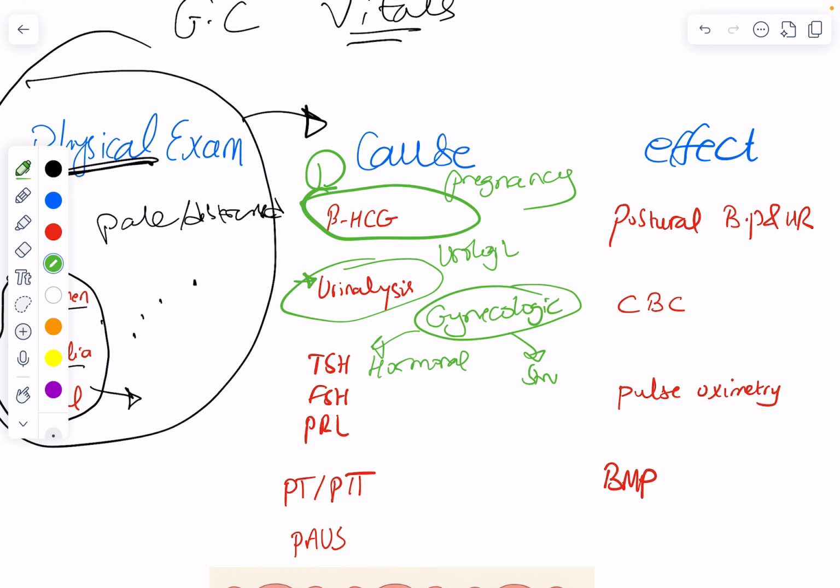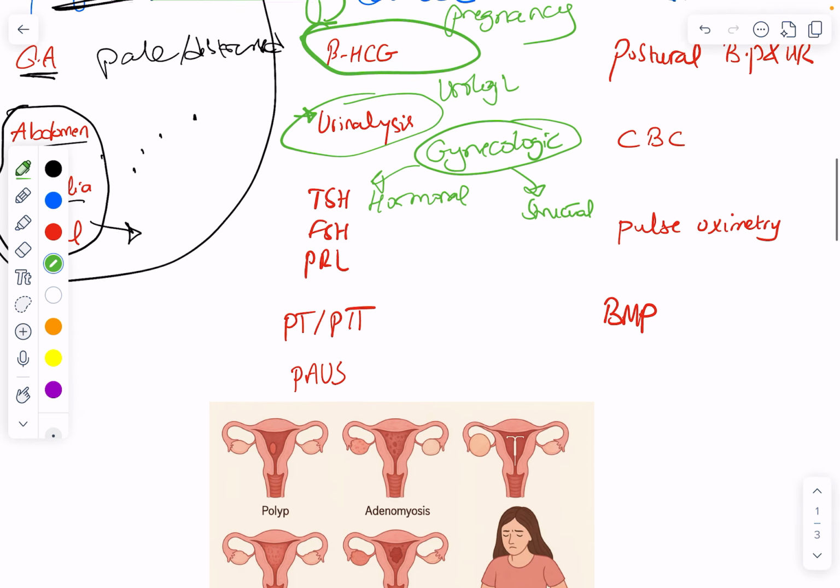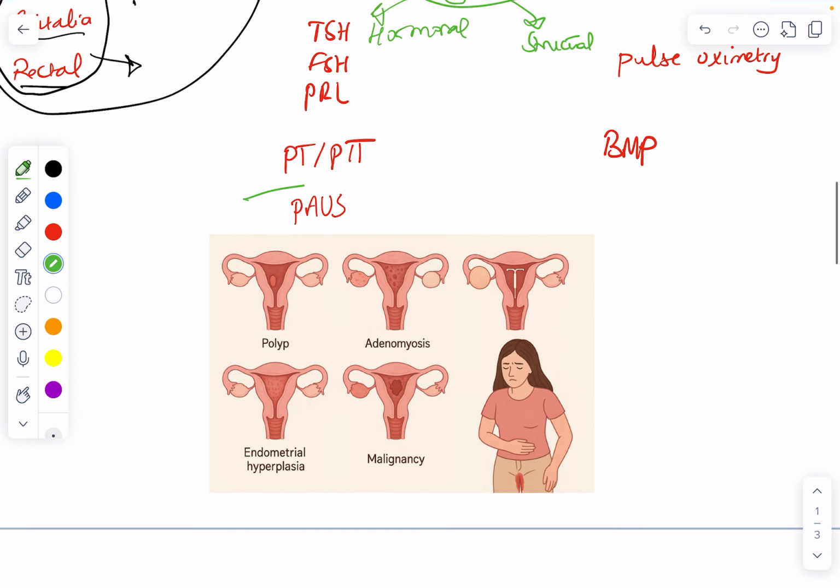And so for structural causes, the best option is to do an ultrasound. All right. Here you can see polyps, fibroids, adenomyosis. Maybe she has an IUD in place that's causing her that. Maybe a thickened endometrium, right?